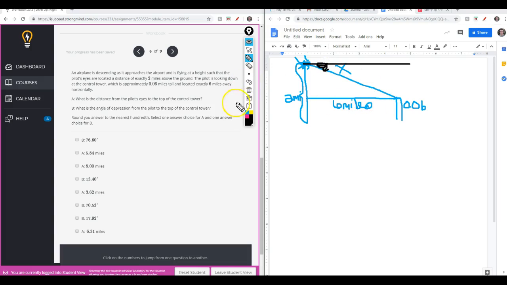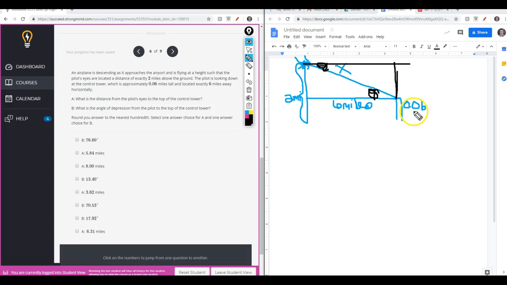There is something interesting if we were to finish this and create our rectangle. These two angles from the horizontal line up, which is considered the angle of elevation, and from the horizontal line down, which is considered the angle of depression, they are the same measurement, because they are alternate interior angles between parallel lines that are being cut by a transversal.